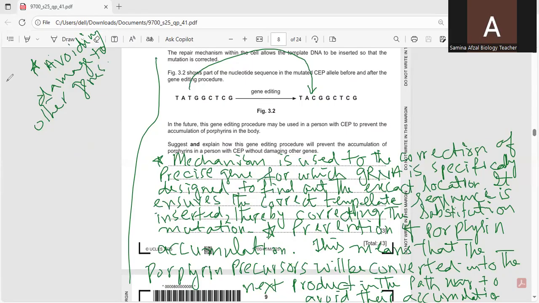This procedure avoids the damaging of other genes because of high specificity, because the guide RNA is highly specific, that is, only complementary to the DNA sequence of the target gene. This high specificity ensures that the Cas9 enzyme is only guided to make a cut at the single intended location in the genome, leaving all other genes undamaged.